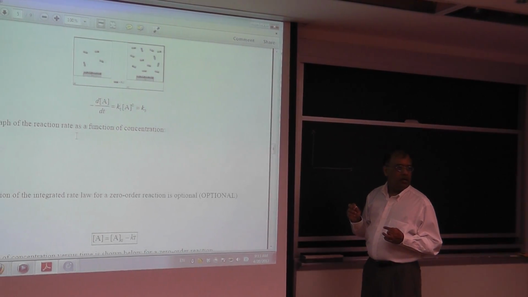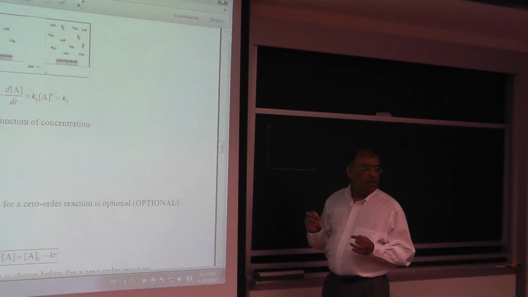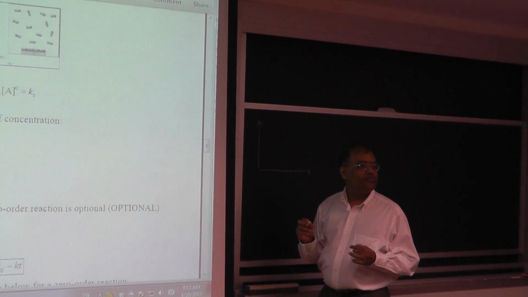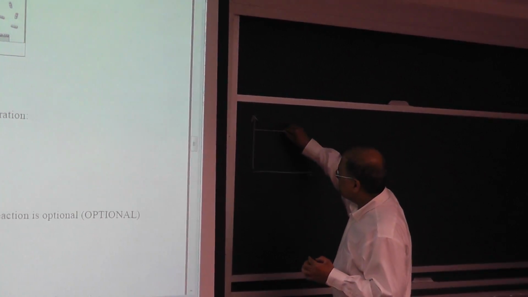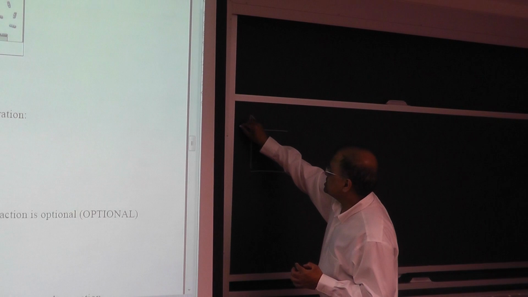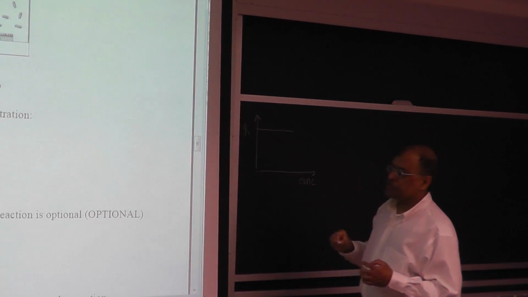Would it be a positive slope? It's just going to be a horizontal line. So this is rate as a function of concentration for a zeroth order reaction.